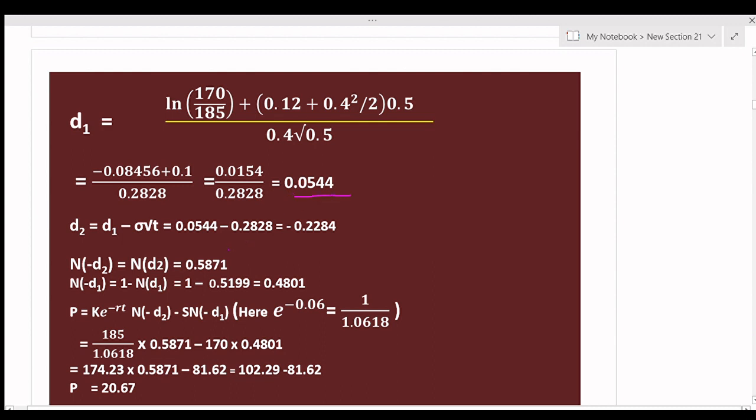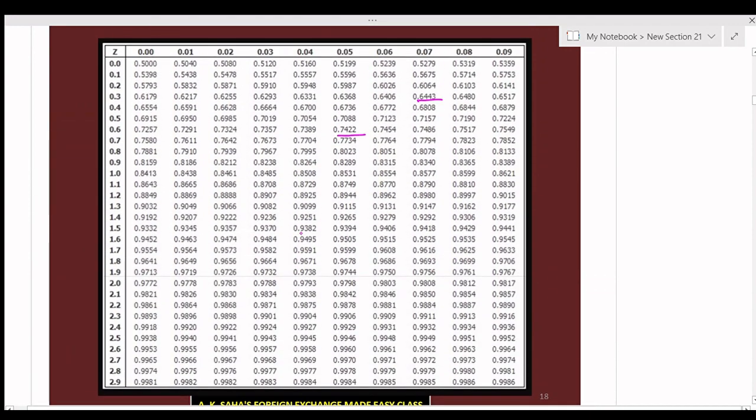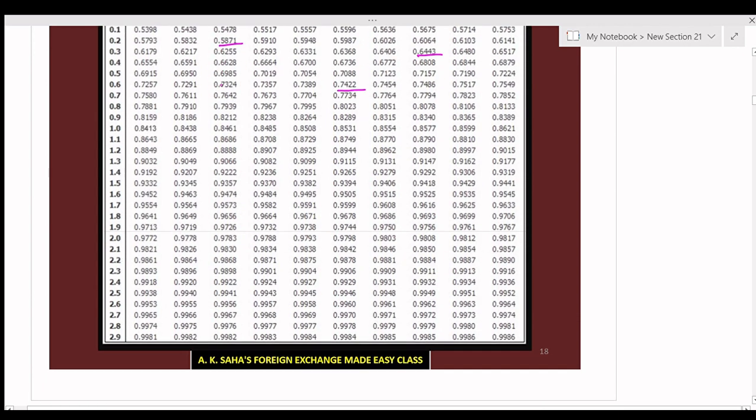Now when you calculate D2, then you get minus 0.2284. So when you find N(-D2), minus minus will be positive, and N(0.2284): you consult the table, 0.22 is equal to 0.5871.